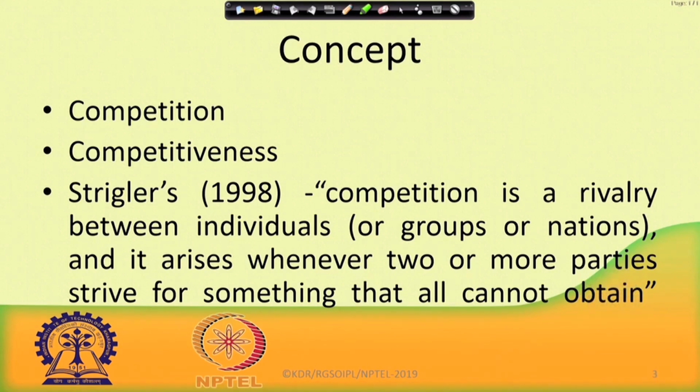There is a confusion between competition and competitiveness. Competition is defined by many scholars, and competitiveness is something different from competition. Stigler defines competition as a rivalry between individuals, groups or nations, and it arises whenever two or more parties strive for something that all cannot obtain.